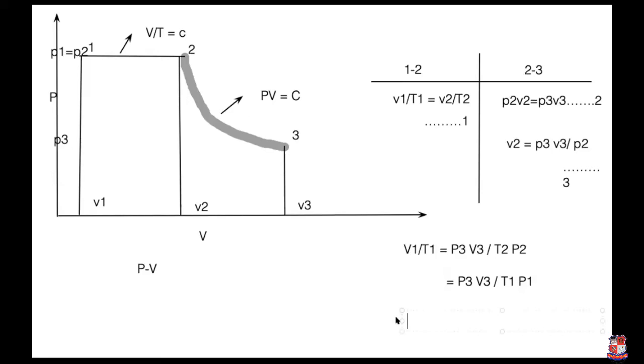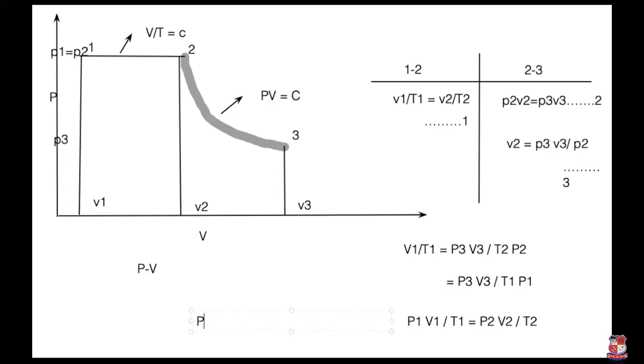If you simplify the equation, it is P1V1 by T1 is equal to P2V2 by T2.